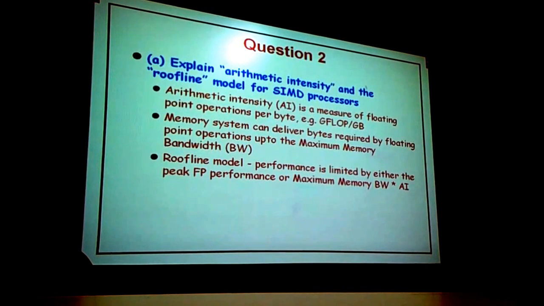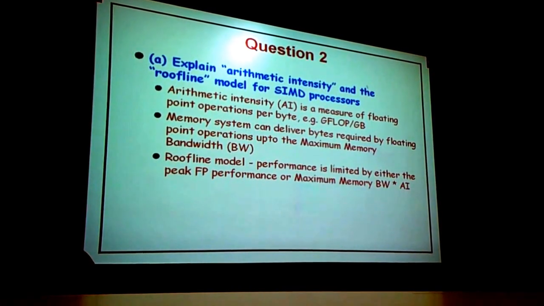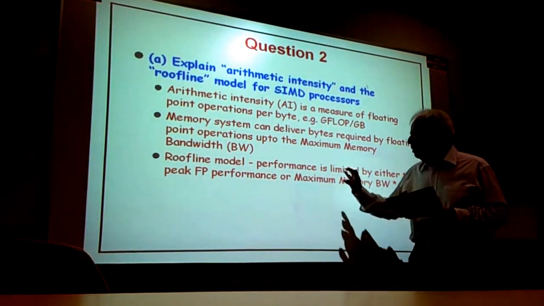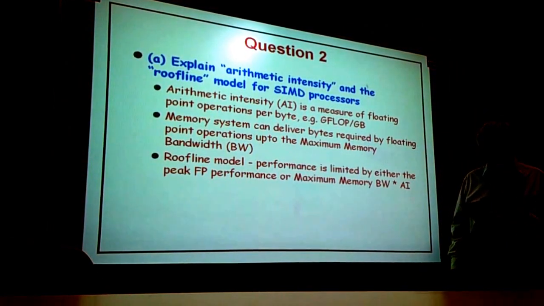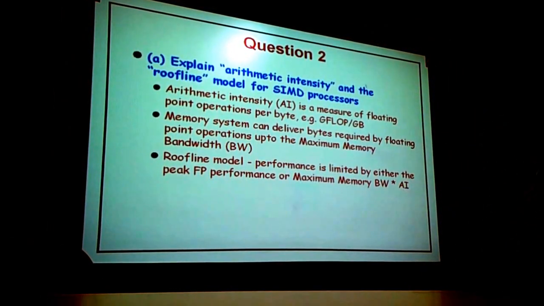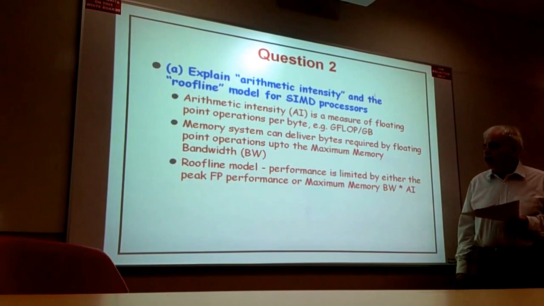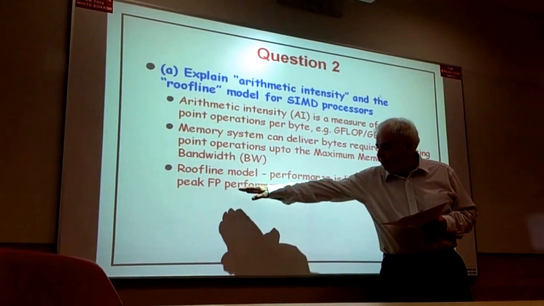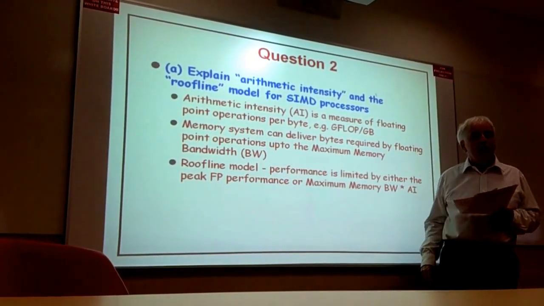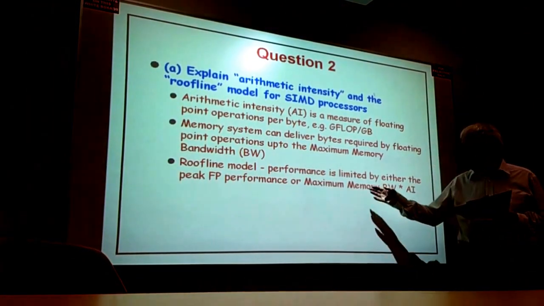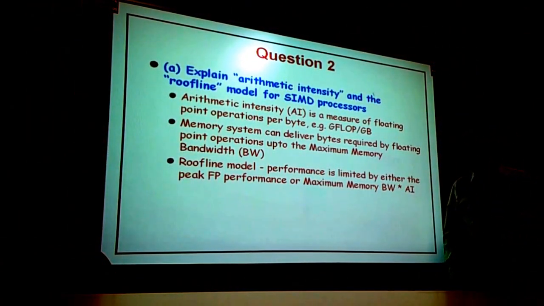What the roofline model describes is that there are two constraints really on the maximum performance you can get. The processors themselves will have a peak floating point performance, which will depend upon the design of the processors. So one constraint is the floating point performance of the processors. The other constraint is its maximum memory bandwidth.